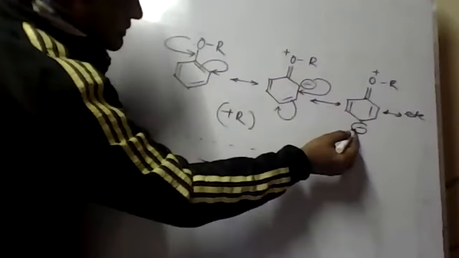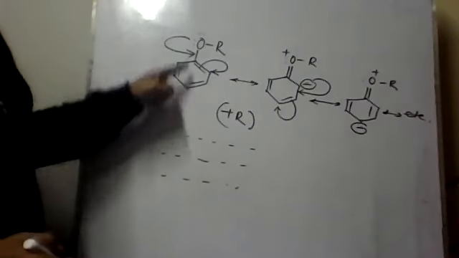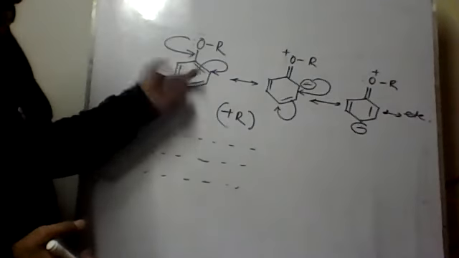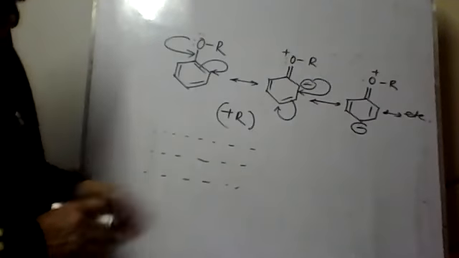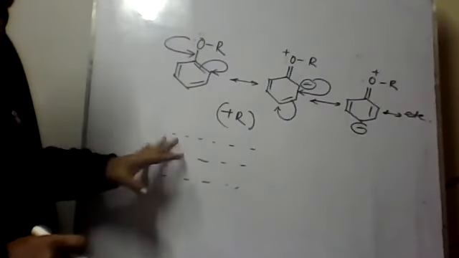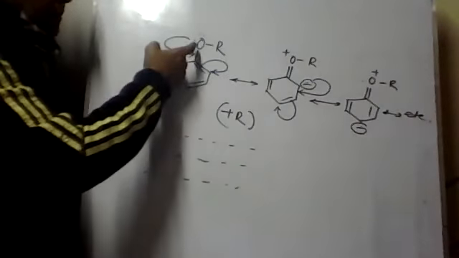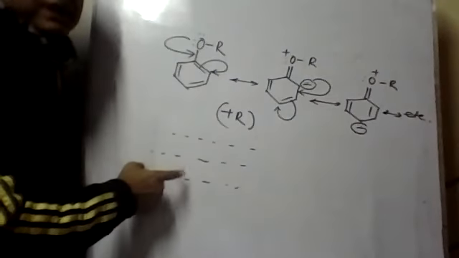That is the key point of the answer. You can write a lot of things in ether, but no need to write about sp2 hybridization, electron withdrawing, or oxygen lone pair. Here you show two lone pairs, and you have to present it this way in aromatic ether definitely. Due to plus R resonance, ortho and para positions acquire negative charge.